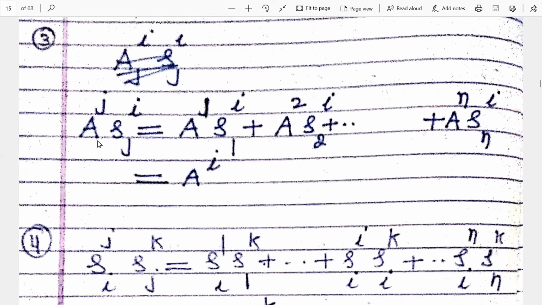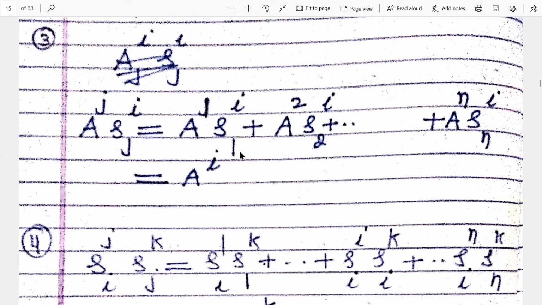Now this is a_j delta ij. This j is the same. If j is the same, then it will be converted into the suffix i, so this product will be converted into a_i. For example, now this j and j are the same, so they vary from 1 to n. So first take 1, second 2, third, fourth, and n.